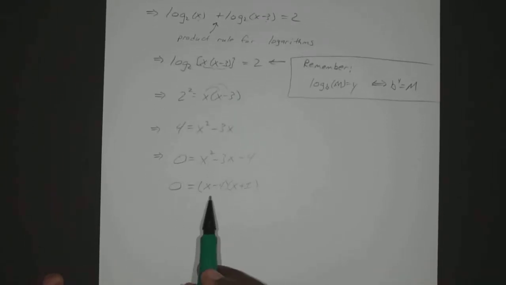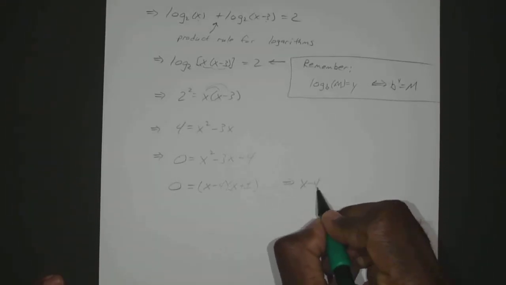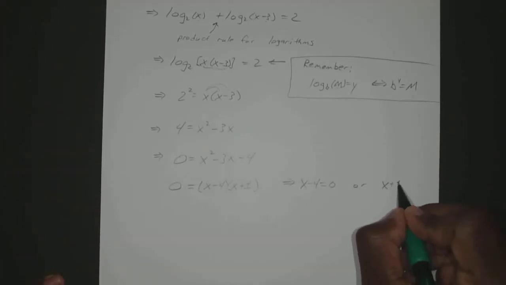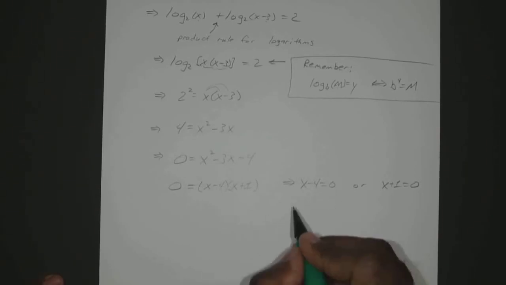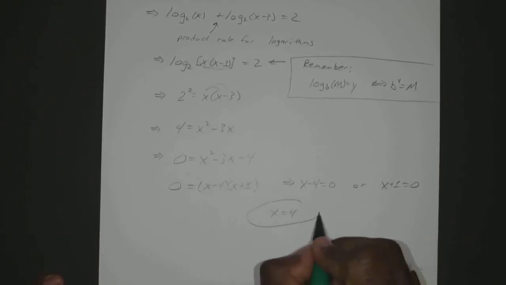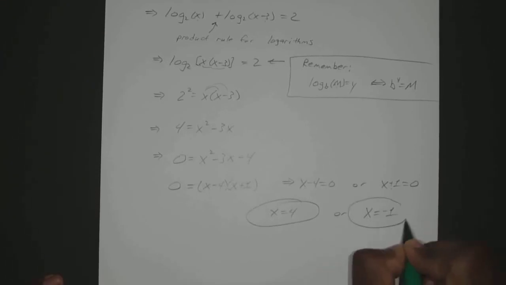That means x minus 4 can equal 0, or x plus 1 can equal 0. If we add 4 to both sides, x can equal 4. If we subtract 1 from both sides, x equals negative 1.